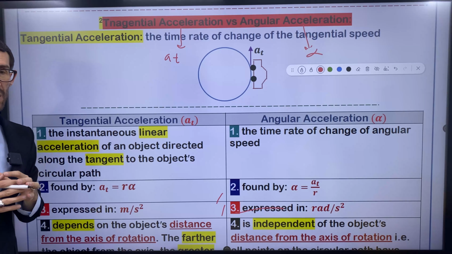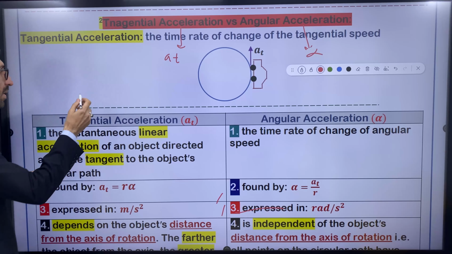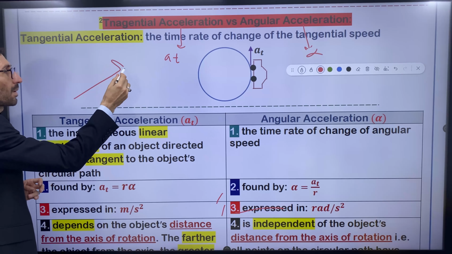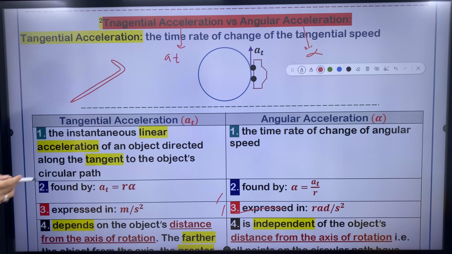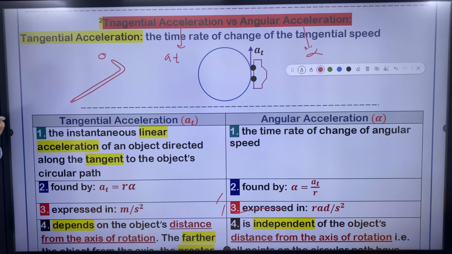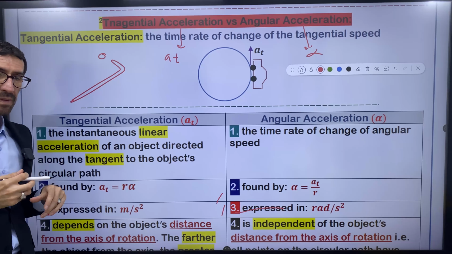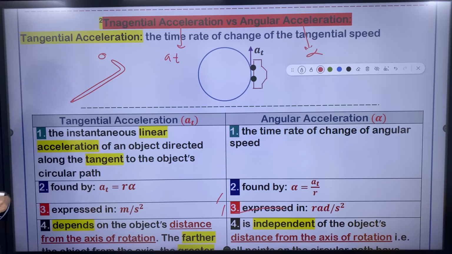I'm going to start this subject with a very simple example. We have, for example, a golf club and a golf ball. The golfer should strike the ball with the golf club.